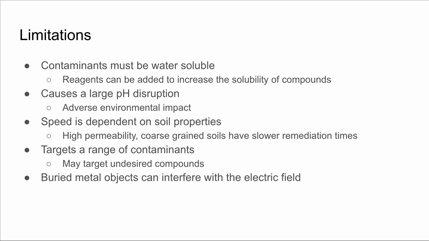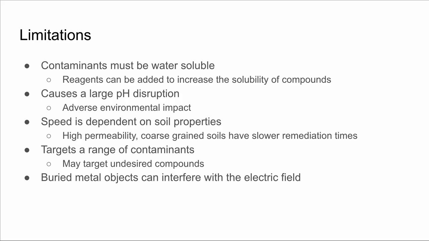So you may unintentionally end up targeting a contaminant that you weren't trying to remove. So it's very important that you understand the composition of all of the compounds and contaminants in the groundwater that may respond to the electric field that you generate as a part of this process. So that's another limitation to keep in mind when you're choosing your remediation strategy.